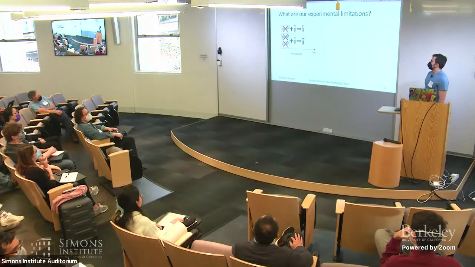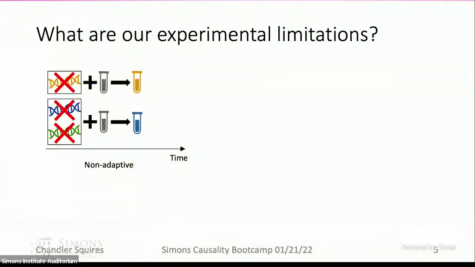So the highest level distinction is between a non-adaptive experimental design, where I pick, okay, maybe I'm going to do this knockout on the orange gene, and then I'm going to do a knockout on the blue and green gene, all at the same time. Other ways that you could phrase this, and that you'll see in the literature: you could think of this as being a single round of picking interventions.